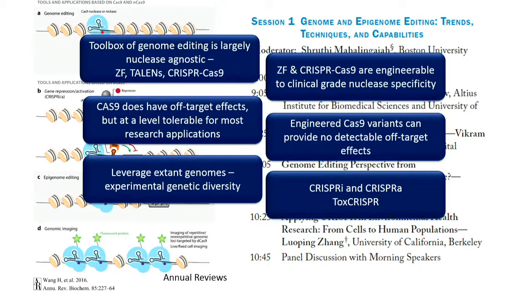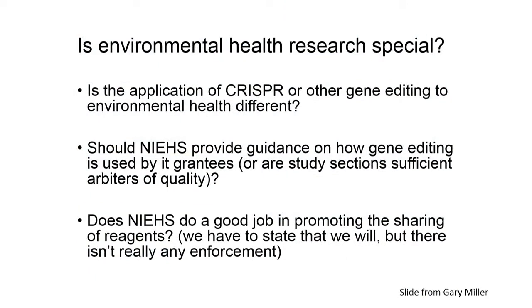And we learned about inhibition and activation CRISPRs, and we learned about Tox-CRISPR and the use of that as a screening tool, which I think is very exciting and a very nice complement to transcriptomics and other approaches that one can take. So what Gary Miller showed us this morning is then taking it from what it is to how we apply it within environmental health research.